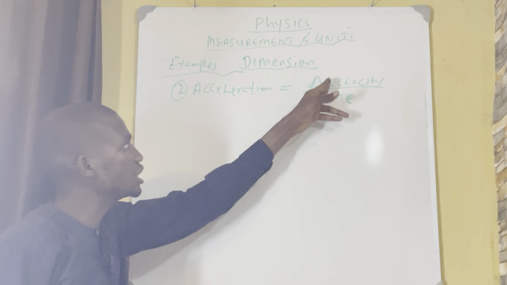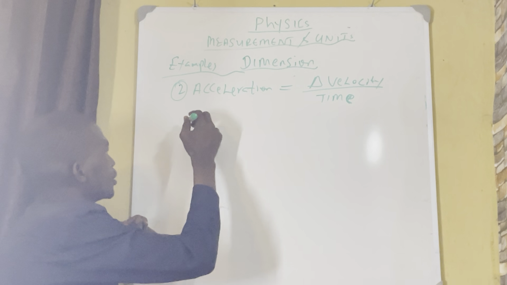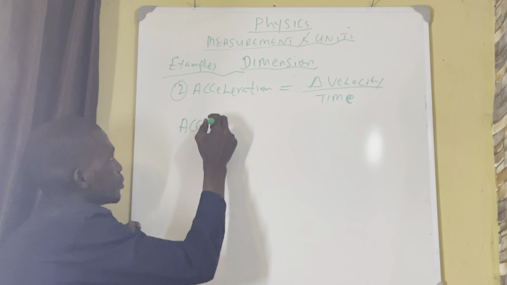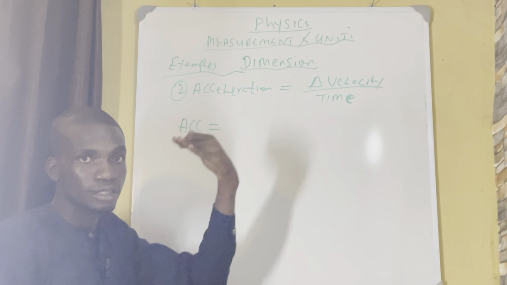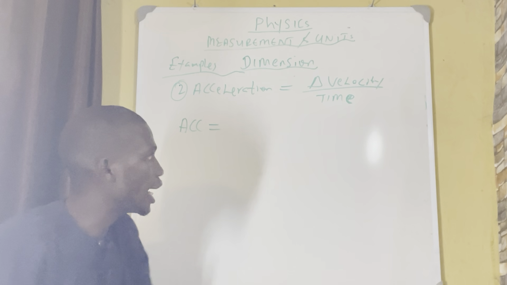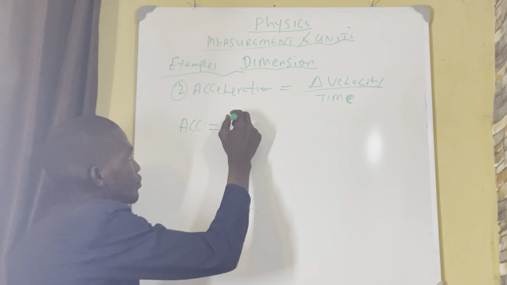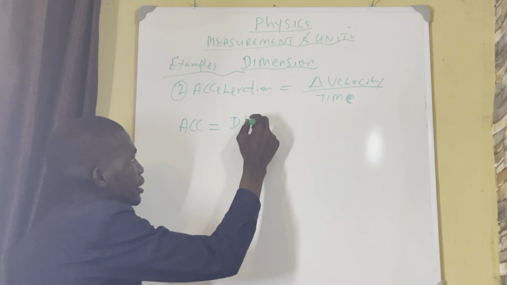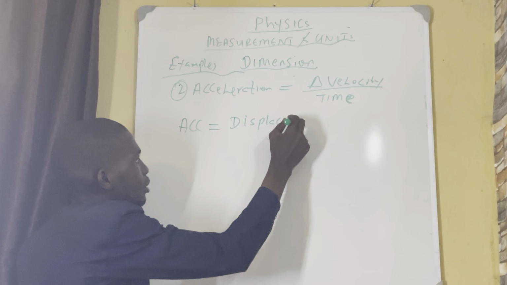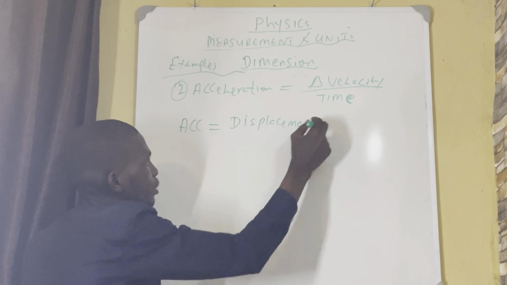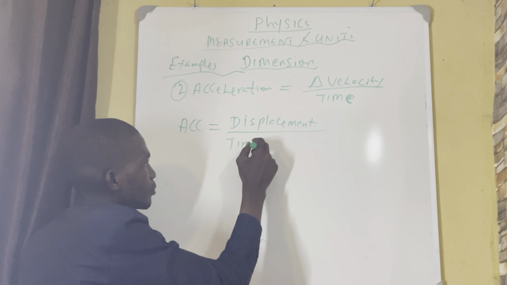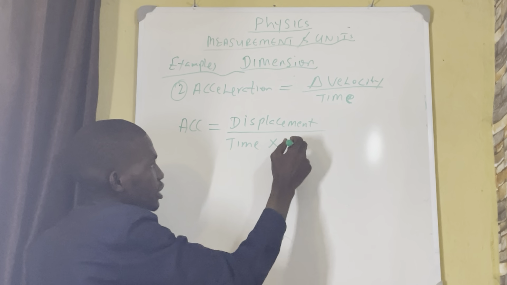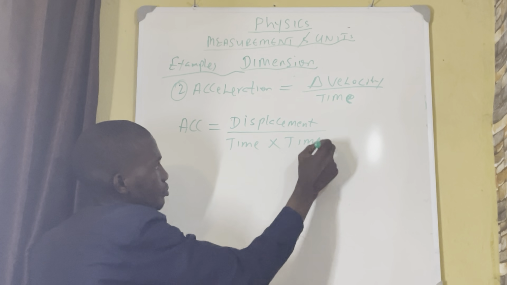So acceleration is equal to velocity. What's the formula of velocity? Displacement over time. So we now have displacement all over time, the first time, multiplied by time for velocity, the second time.